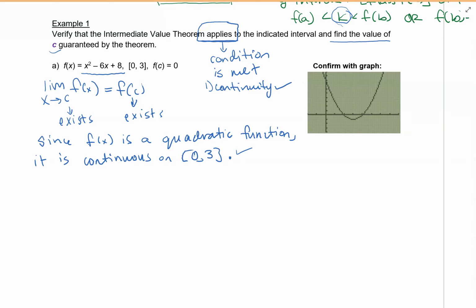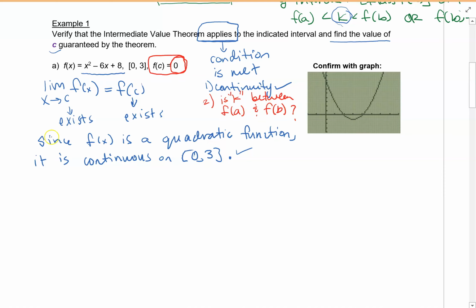But in this particular case, it also mentions that it wants to know if there's a point where f of c is specifically 0. So the second thing you want to check is if the y value in question, k I'll call it, is between f of a and f of b. You want to check your y interval.